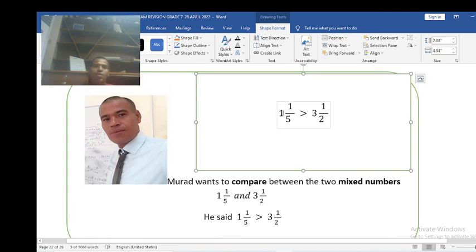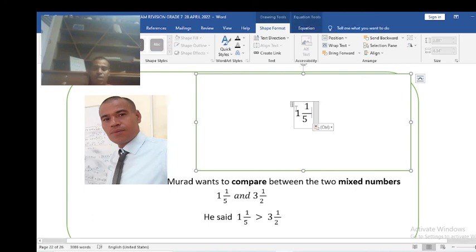First of all I will work with the first mixed number. This is a mixed number. I will convert it to an improper fraction: 5 times 1 is 5, plus 1 is 6. 6 divided by 5. This is the first one.